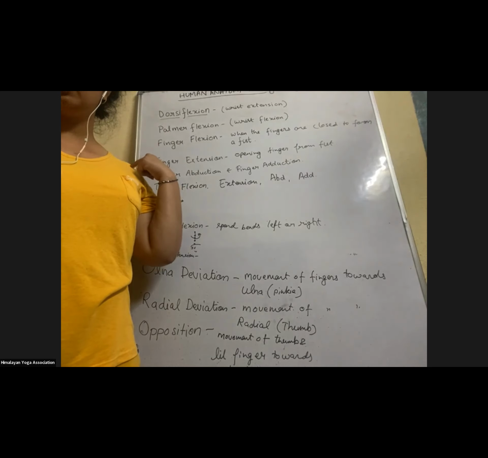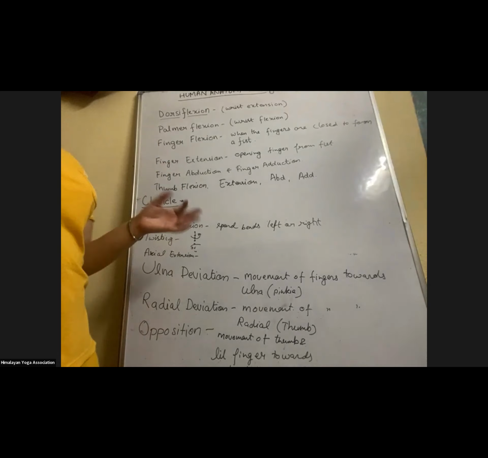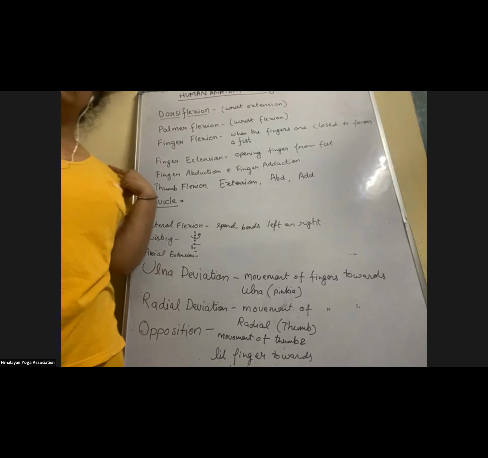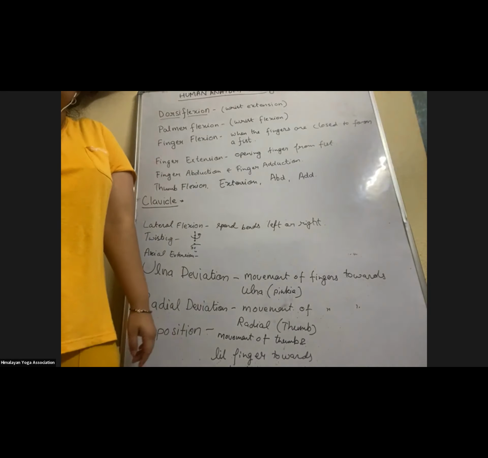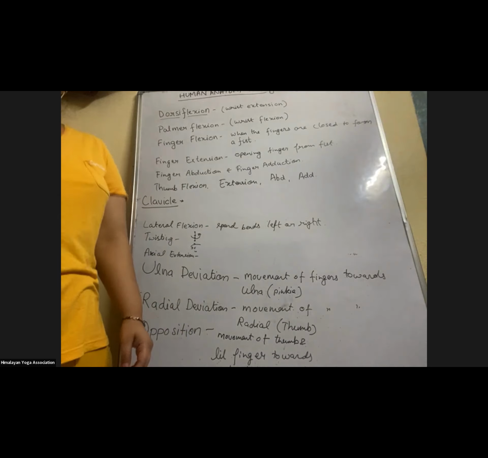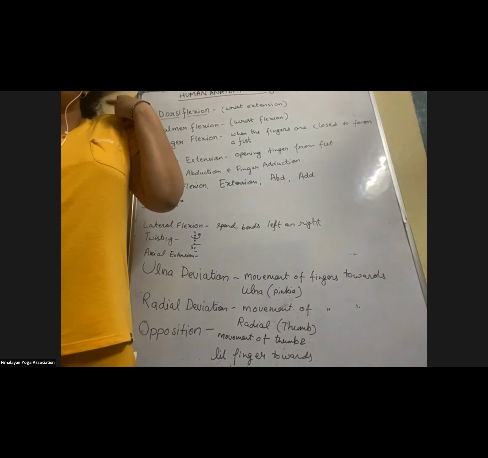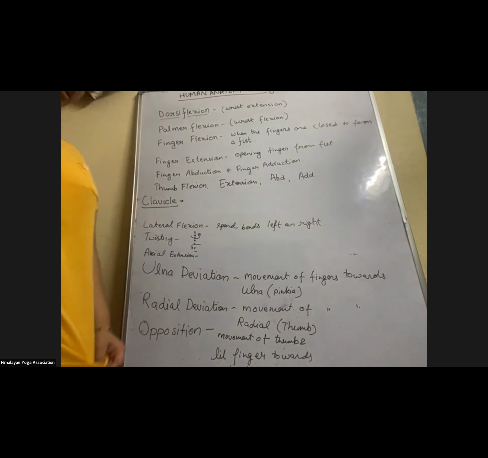So we have elevation. Elevation, as the word suggests, is moving this end of the clavicle upwards, like we do in shoulder exercises. Moving only this upward is called elevation.